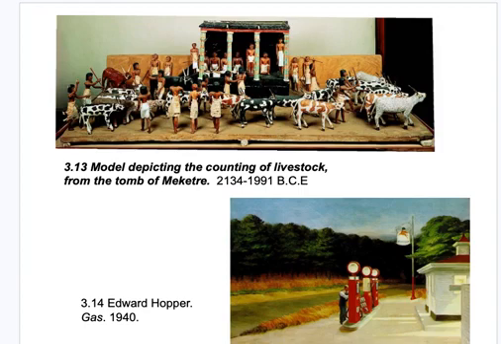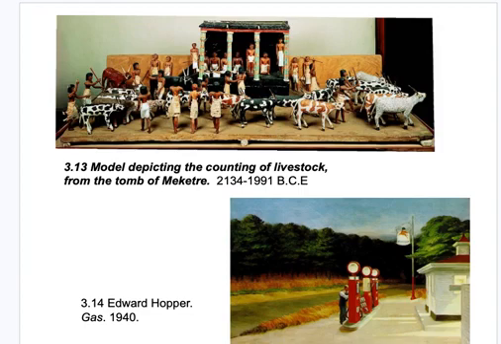As you may already know, Egyptian belief is that there was an afterlife, and the things they were buried with, things they were taking down into the tombs with them, would be part of the afterlife. Or in this case, they were creating a scene that would almost bless the pharaoh in the afterlife.